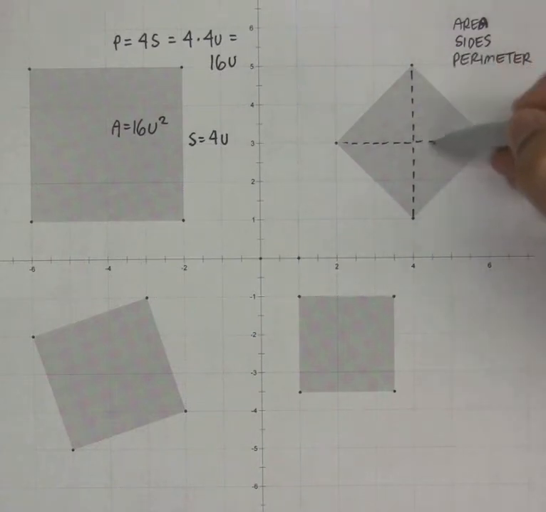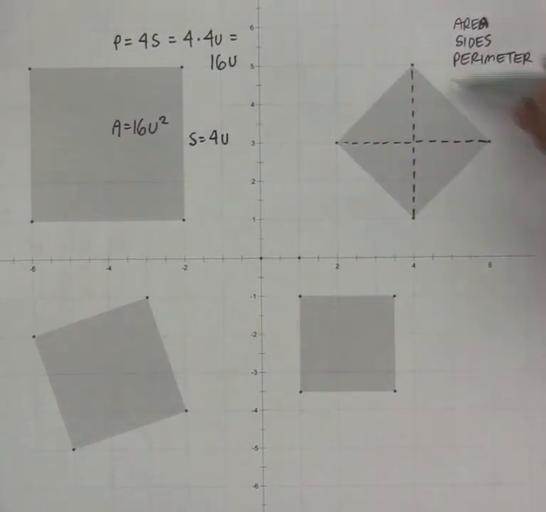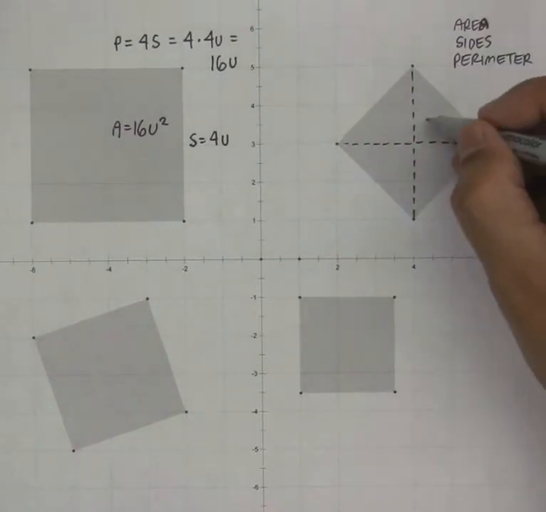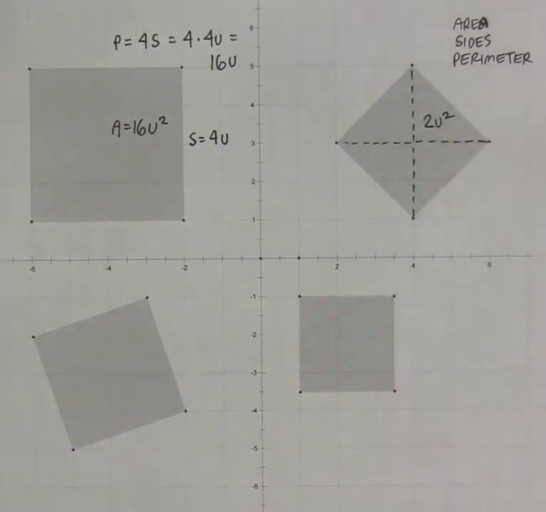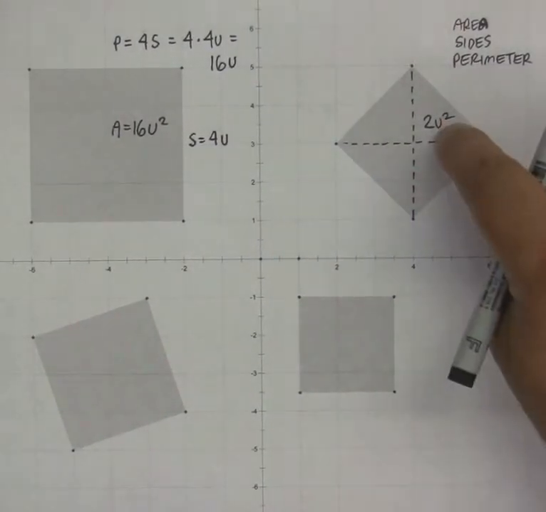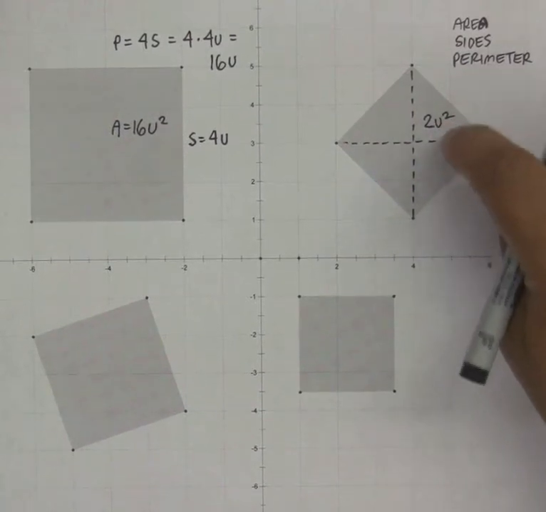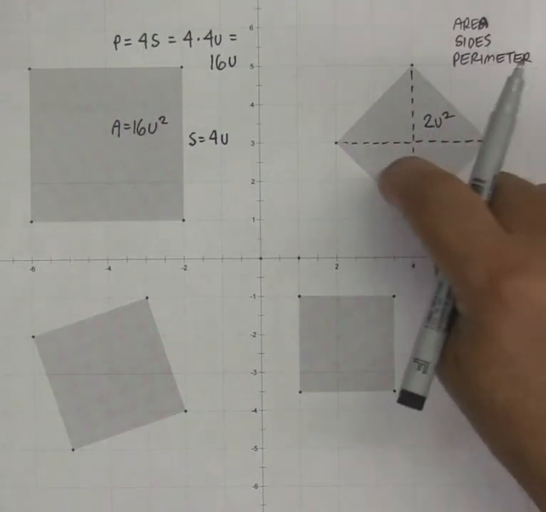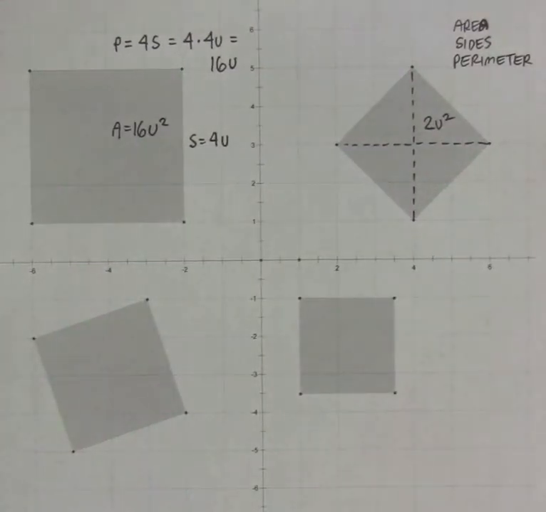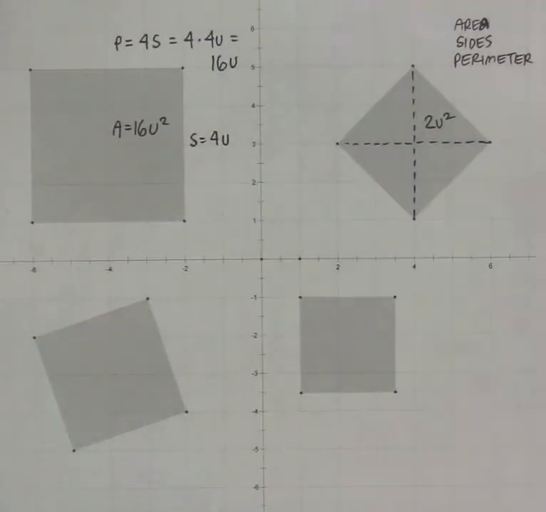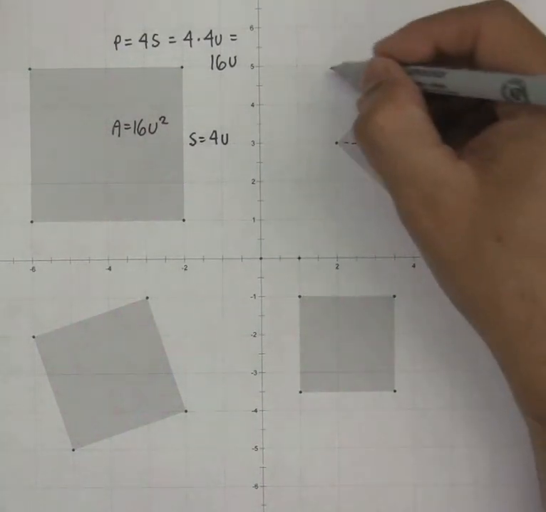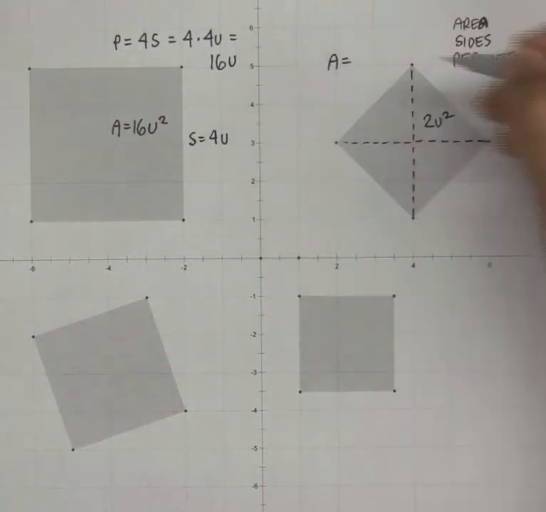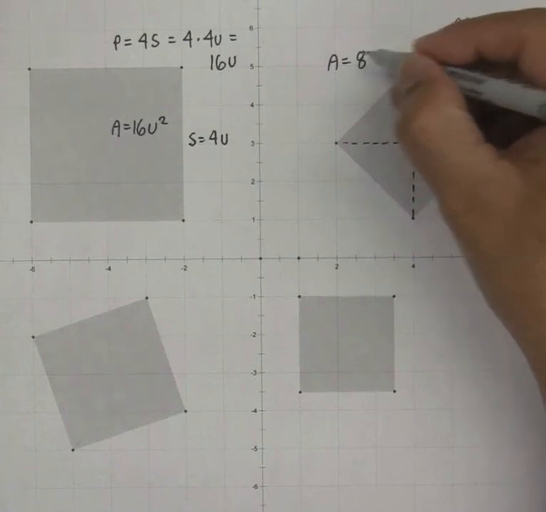I have 4 units squared right here, and this triangle is half of that, so this triangle is 2 units squared. So I'm going to have 2 units squared once, twice, 3 times, 4 times. So the area of the whole square is 8 units squared.